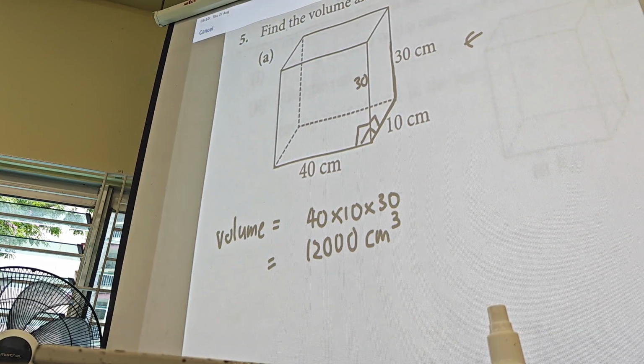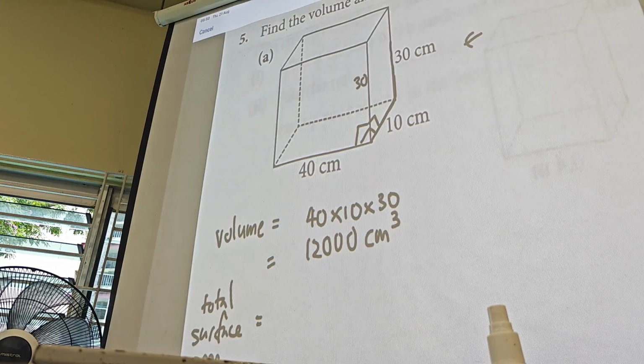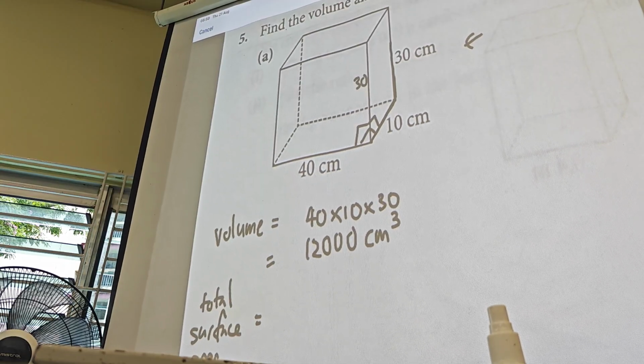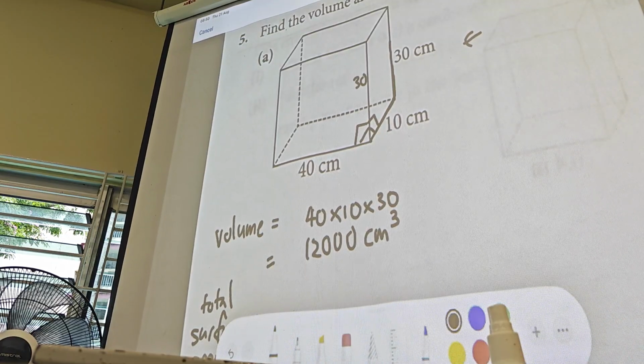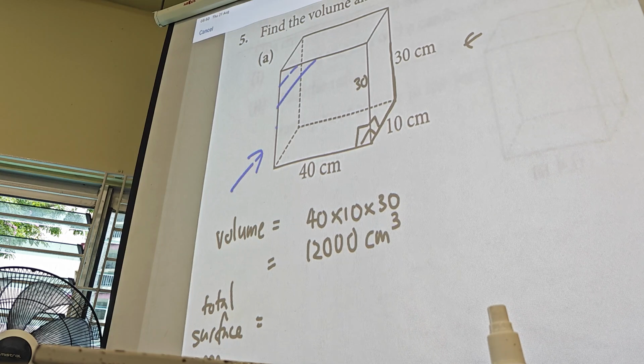Then the total surface area. No difference, cuboid and cube. To form your cuboid, you still need the 6 faces. Top, bottom, front, behind, left, right. So your cuboid still has 6 faces. So you need to go and identify where the 6 faces are. So just now I mentioned from the front. If I see from the front, I will see this rectangle.